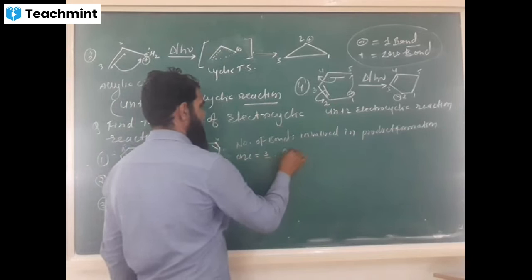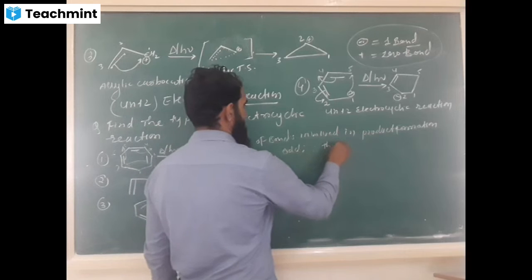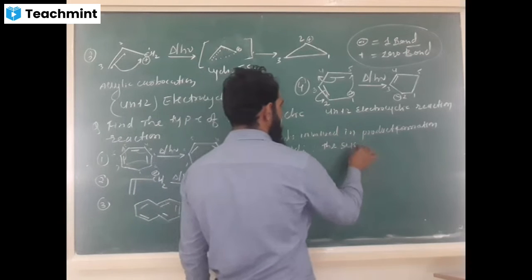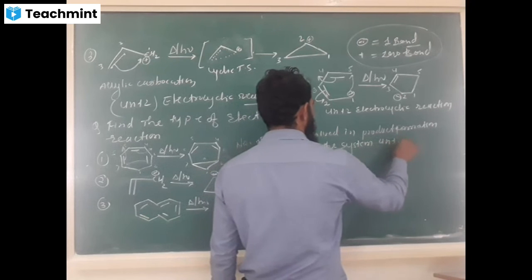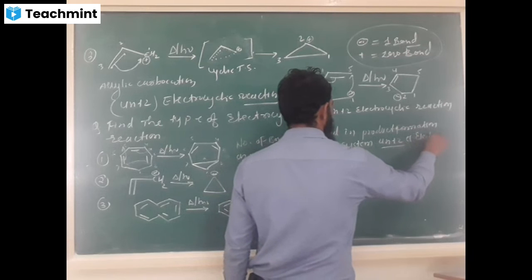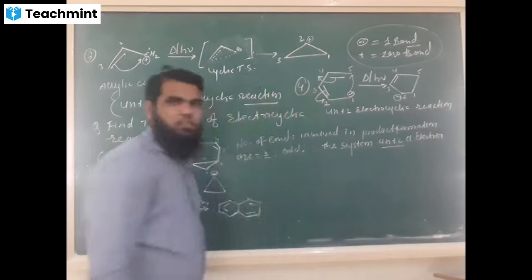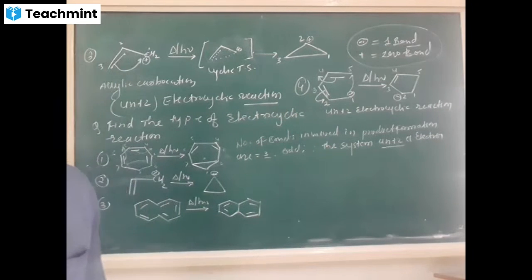It is odd, and therefore this system is a 4N plus 2 pi electron system.